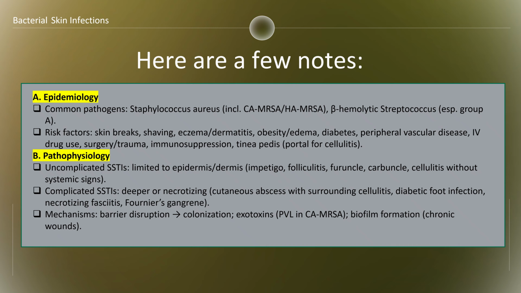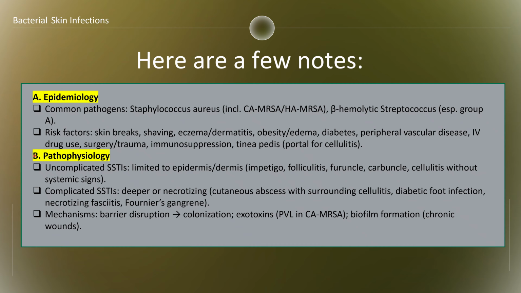Epidemiology: the common pathogens are Staphylococcus aureus and Streptococcus, group A. The risk factors are skin break, shaving, eczema, dermatitis, obesity, edema, IV drug use. We also have surgery, trauma, peripheral vascular disease. For pathophysiology, we have uncomplicated and complicated.